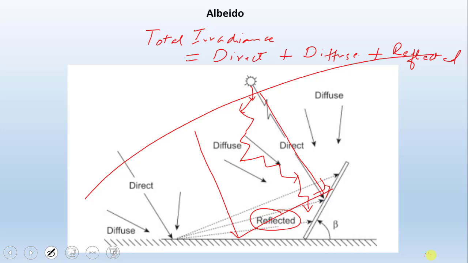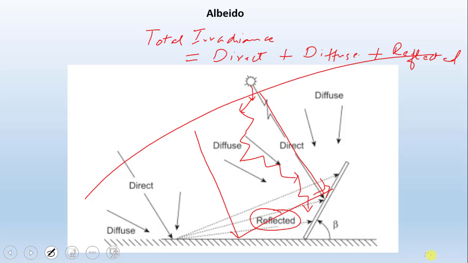Now you can see that the sunbeam is divided into three parts: direct, diffuse, and reflected. There would be some portion of the direct, which is normally the maximum part of the irradiance. Then a small percentage of the sun rays comes in the form of a diffuse part, and some part also the reflected.